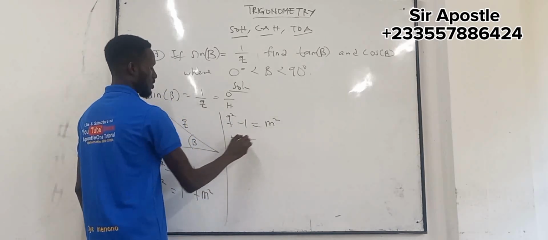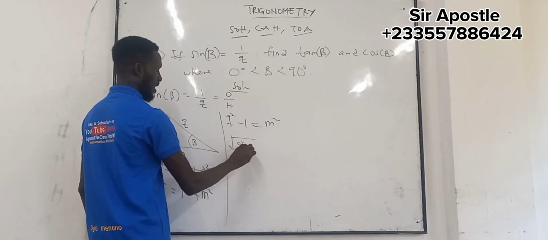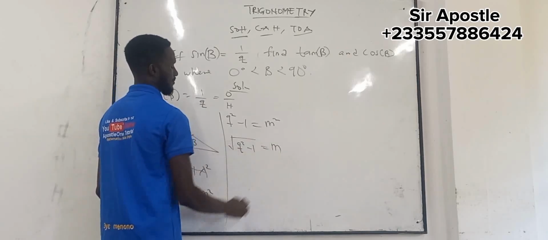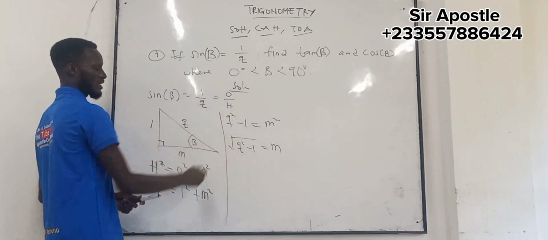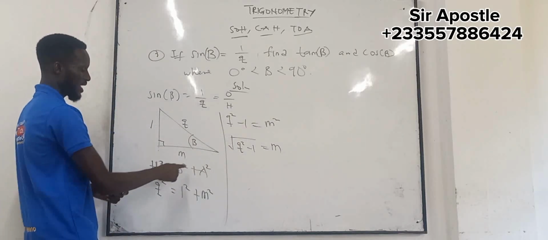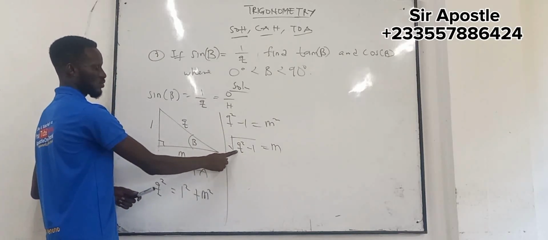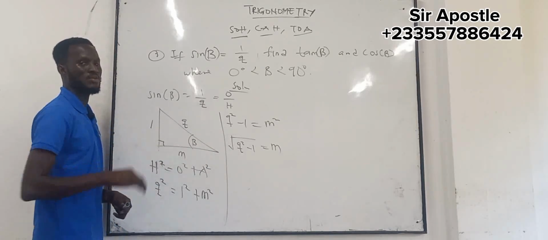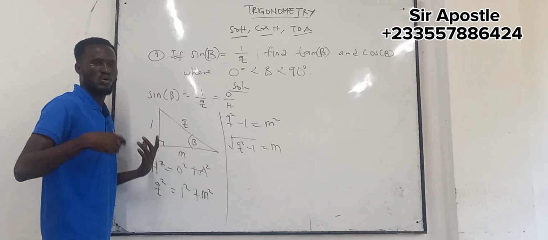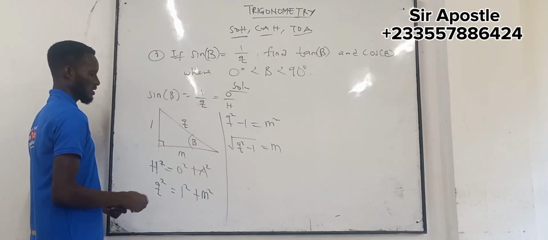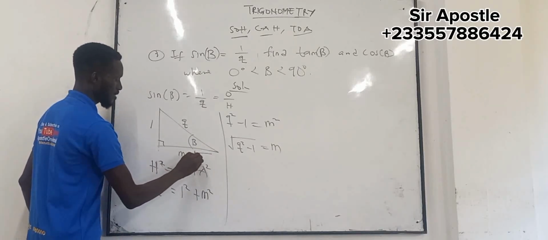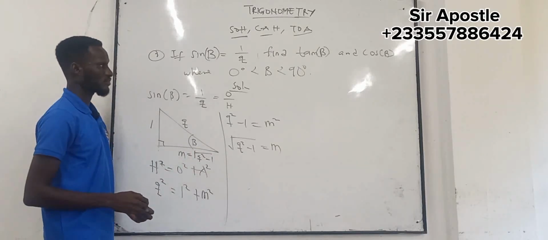We square root both sides, so M is the root of Q squared minus 1. Because we don't know Q, Q is just a letter.